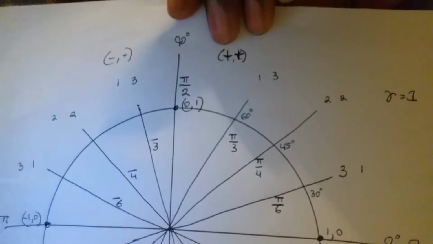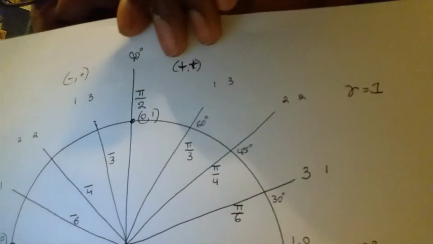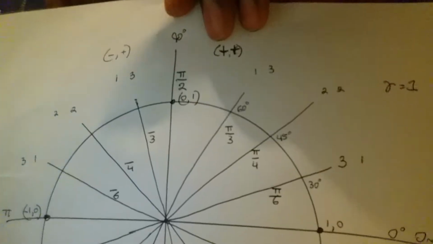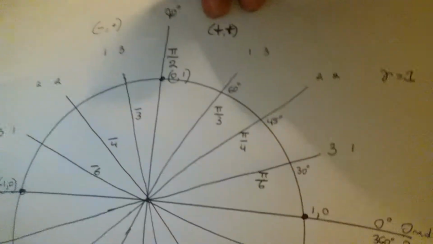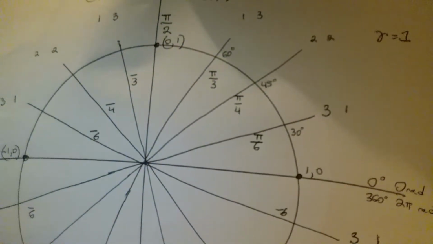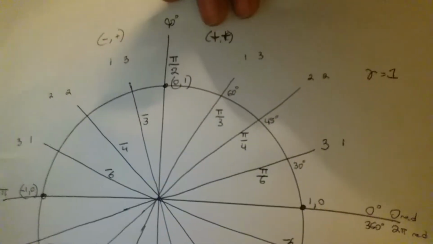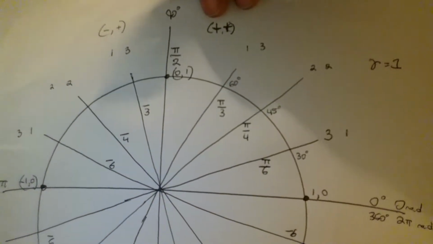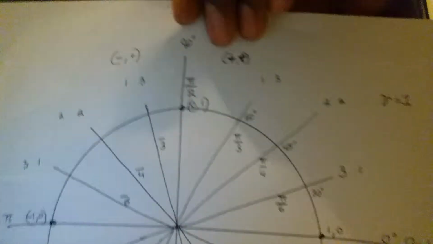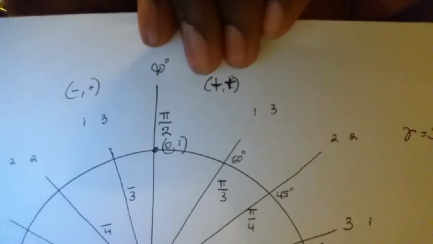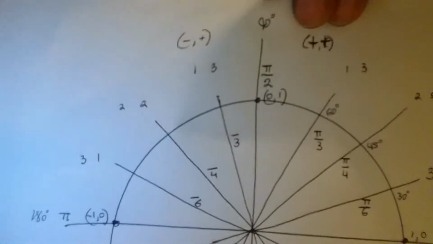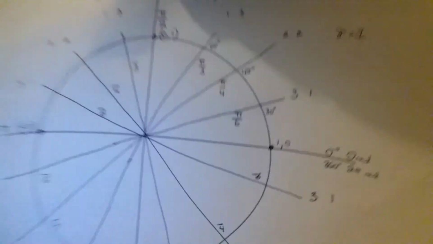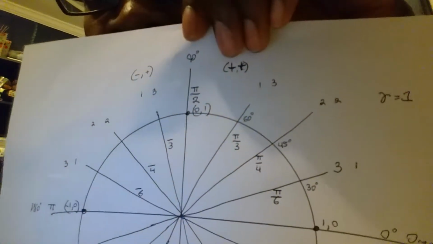So as you can see, in this first quadrant, we have an x-coordinate of 1, another x-coordinate of 2, and another x-coordinate of 3. And then it just reverses for the y-coordinate. And of course, we always make sure we mind what is positive and what's negative in each quadrant at the top, as I've indicated.